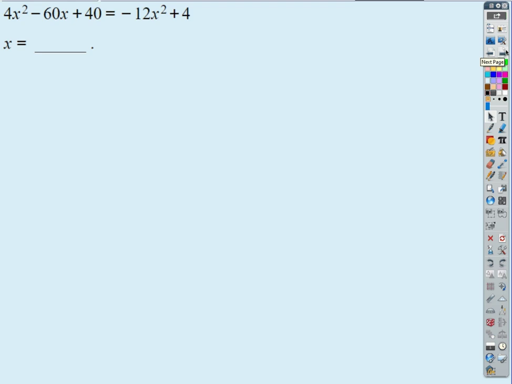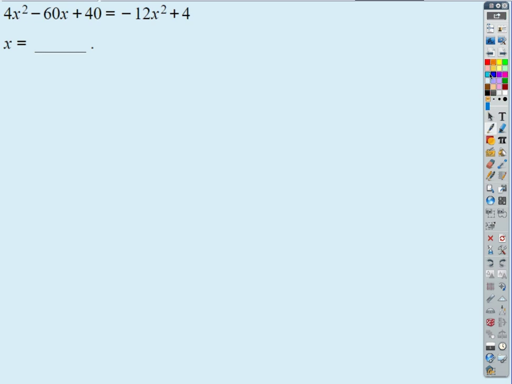Okay, how about this one? Looks like a mess. What do I have to do first? Set it equal to 0. So I've got to put it into standard form. I've got to write it as an equation in standard form, which means it's set equal to 0.